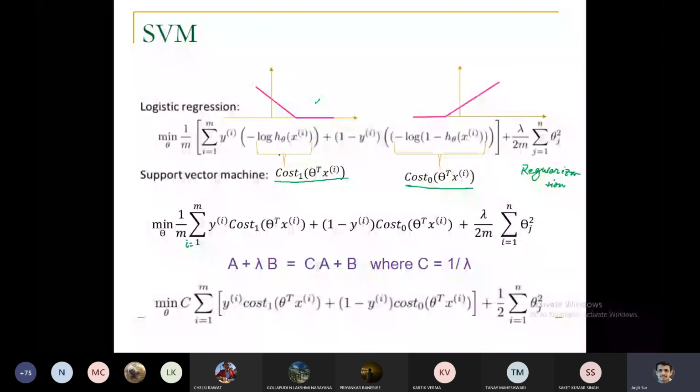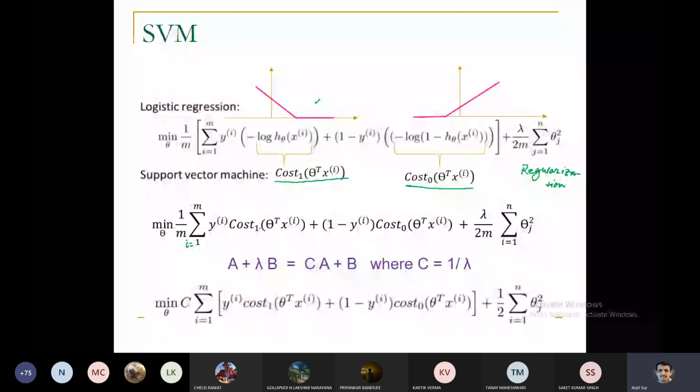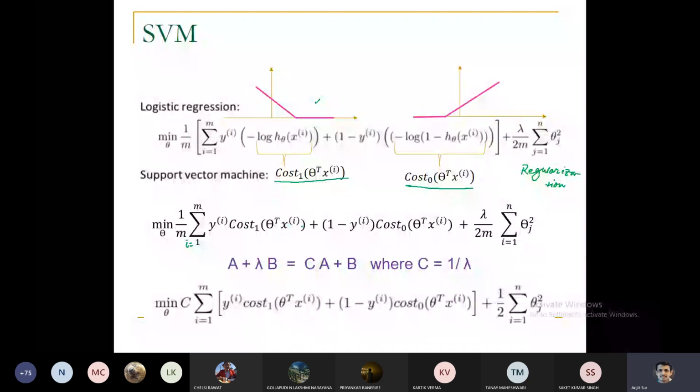So this part is y_i cost 1 of theta transpose x_i plus 1 minus y_i cost 0 of theta transpose x_i, plus this is the regularization. The n number of thetas are regularized.